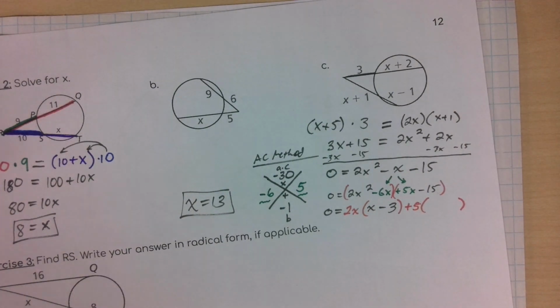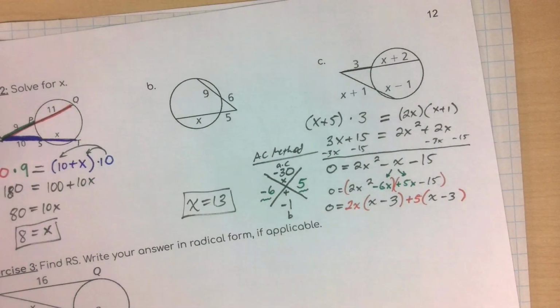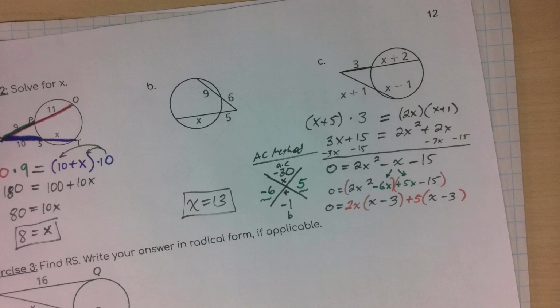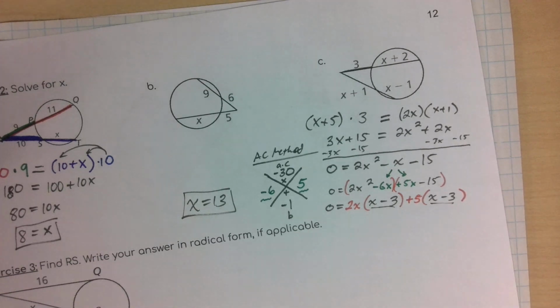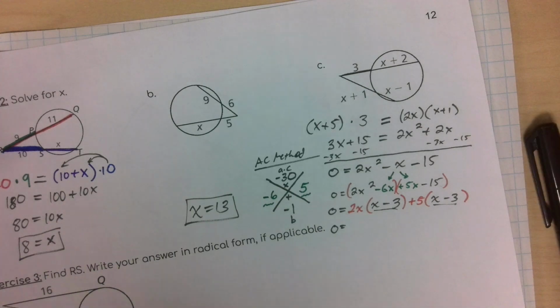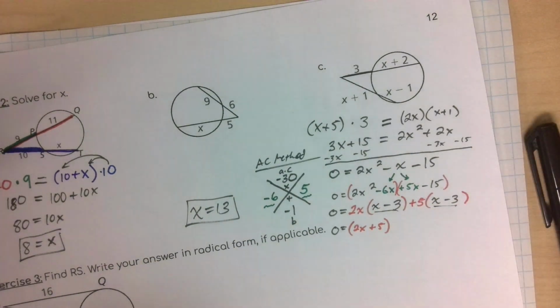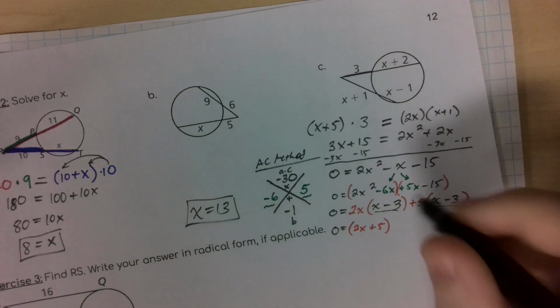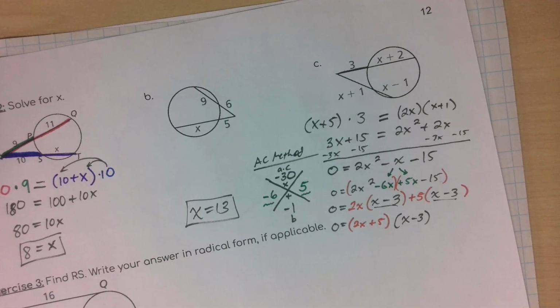So once again, I see what's left over. I'm left with an x and a negative 3. You know that you've done it right when these two match. So, to finish off the problem, our first factor is just 2x plus 5, because we took out of parentheses. Our second factor is x minus 3, because that was what was in parentheses.